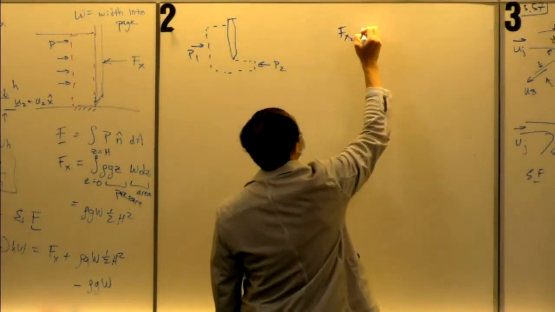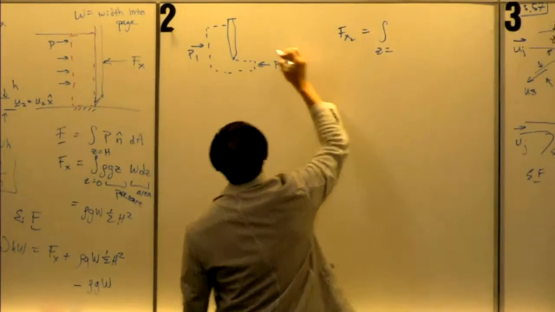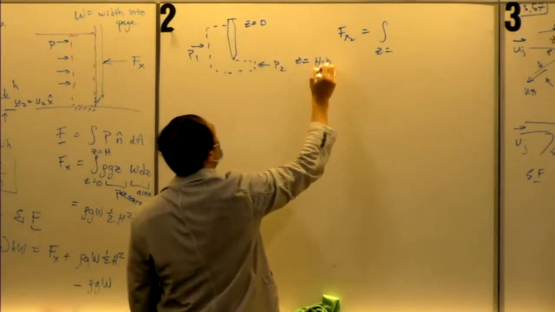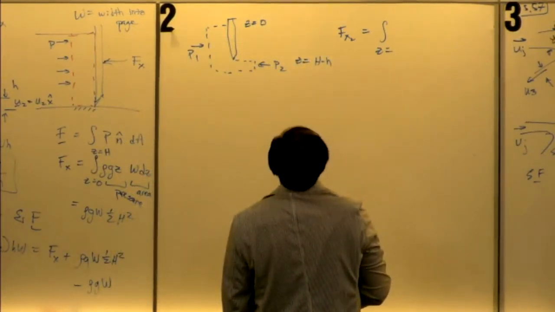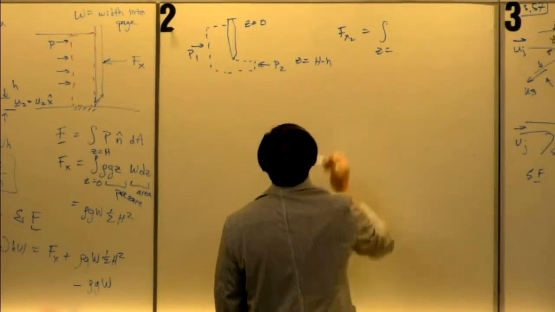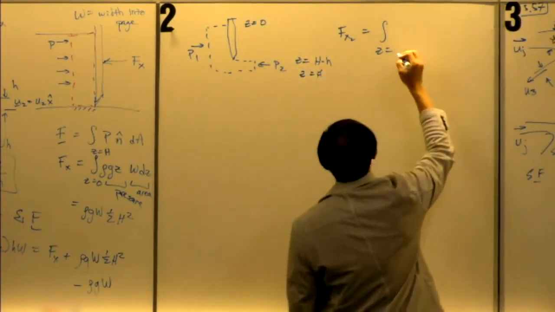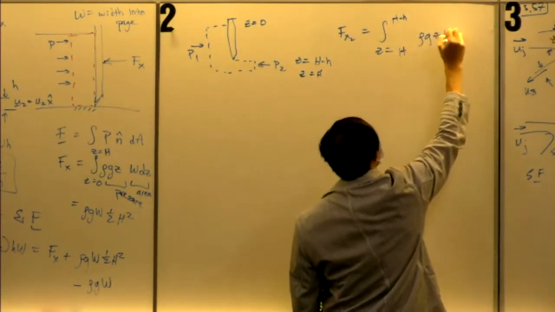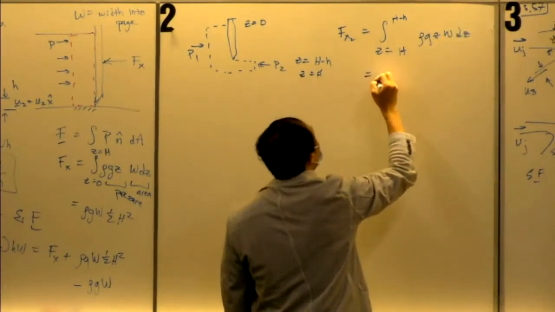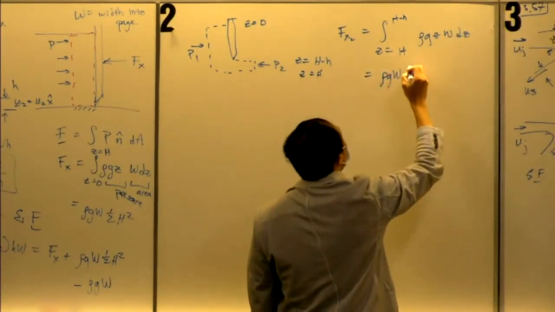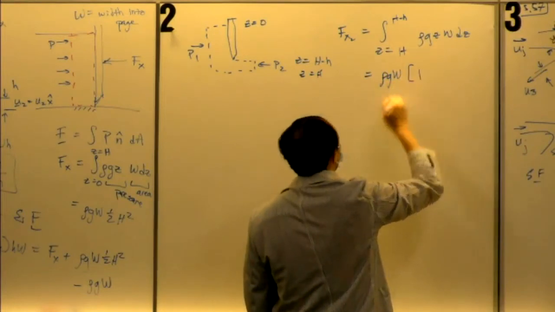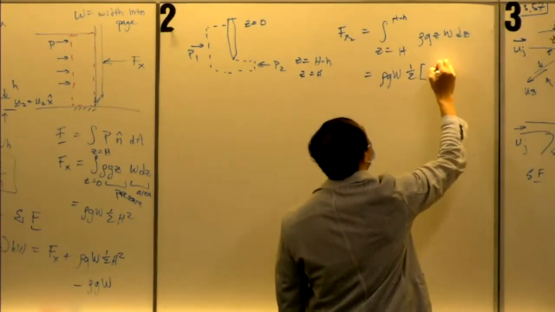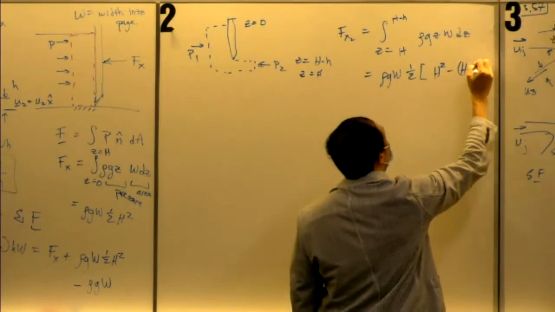Fx, I'll call that Fx2, is equal to, so we call this Z equals 0, and then we call this Z equals H minus little h, and we call this Z equals H. So it's from Z equals H minus little h to H of rho g z w dz. Rho g w 1/2 H squared minus little h squared.